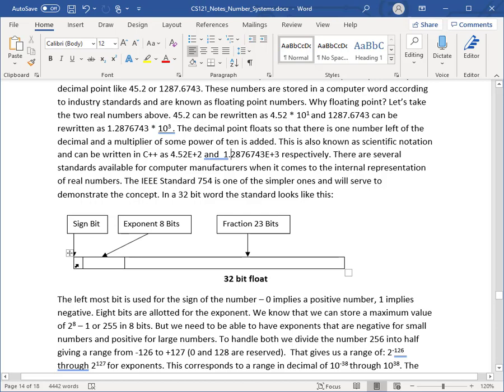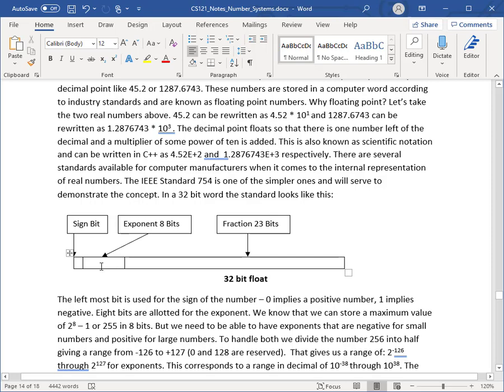We saw that come up a while ago with sign and magnitude. So with real numbers, with floats and doubles, that leftmost bit is going to designate the sign. If it's a 1, we have a negative number. If it's a 0, we have a positive number.